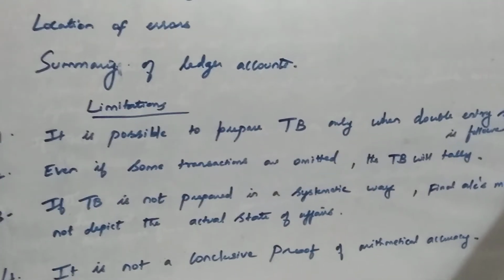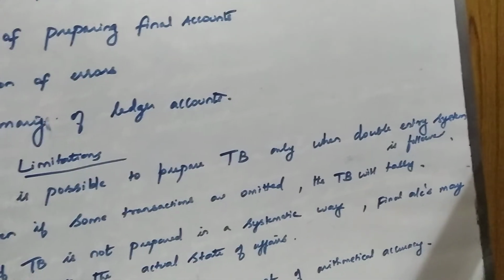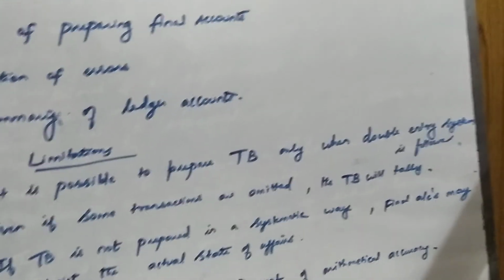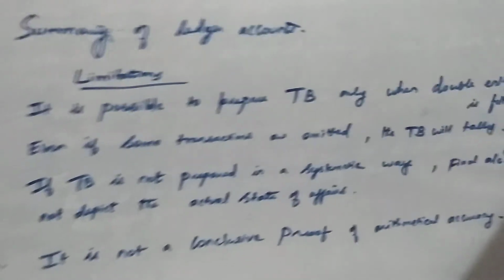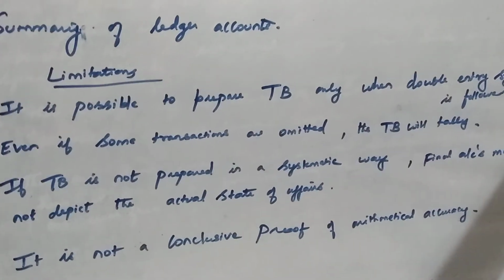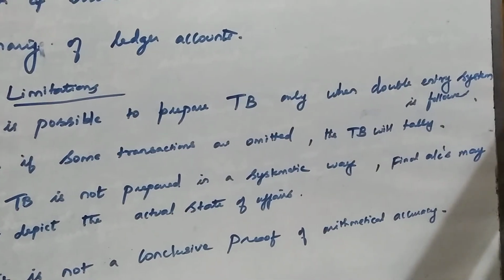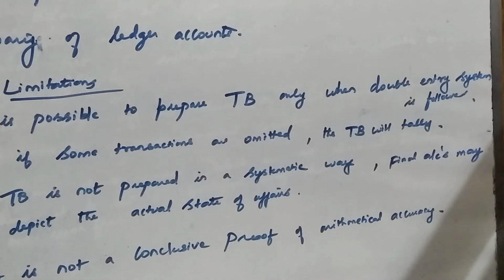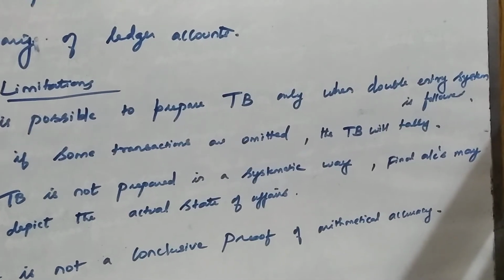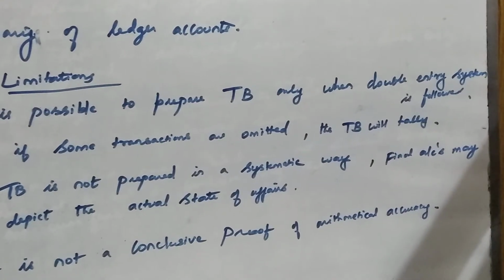The next point, even if some transactions are completely omitted, the trial balance will tally. So if we don't record a particular transaction, it will not affect the trial balance. Why? When you completely omit a transaction, you won't record that in the journal.